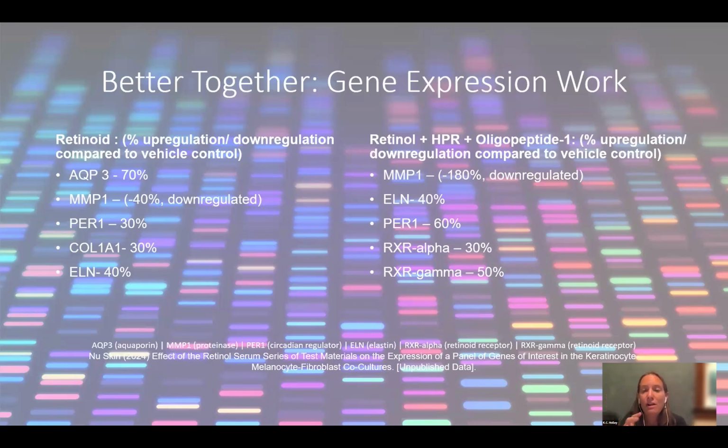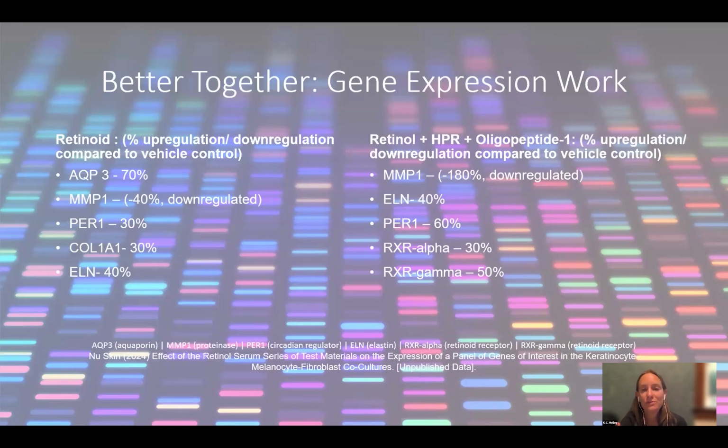And then we've got your RXR alpha and your RXR gamma genes. These are actually genes where you have your retinoid receptor, right? And so if you're getting an upregulation of these, then that's actually telling you that you're triggering that retinoid receptor that we want in your skin, and you're getting those benefits from vitamin A. And you get a 30% increase of your RXR alpha and a 50% increase of your RXR gamma.